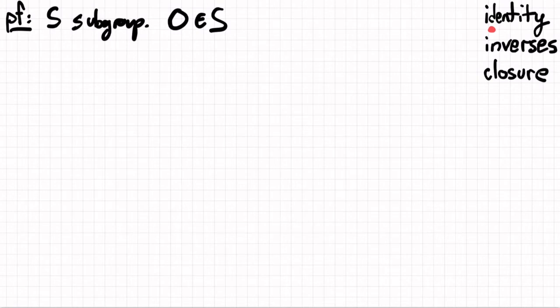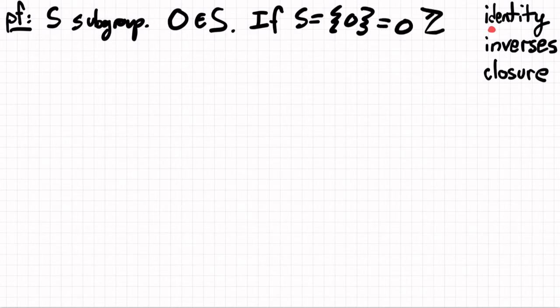Now we're going to do 2 cases. If S equals {0}, i.e. 0 is the only element, well, this is also 0Z, then we're done.